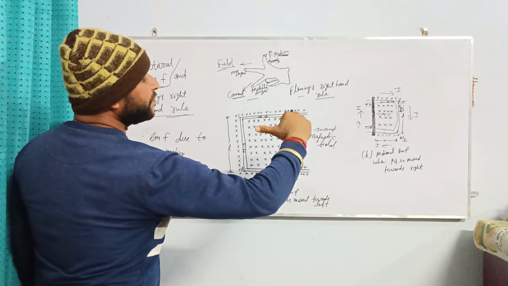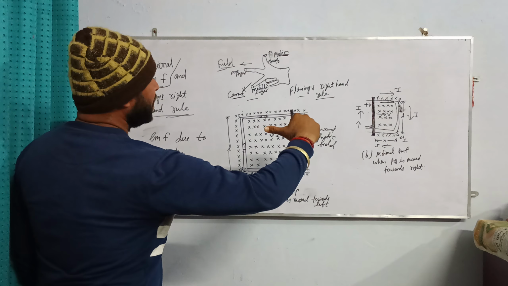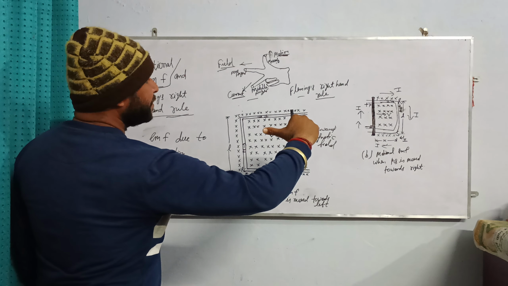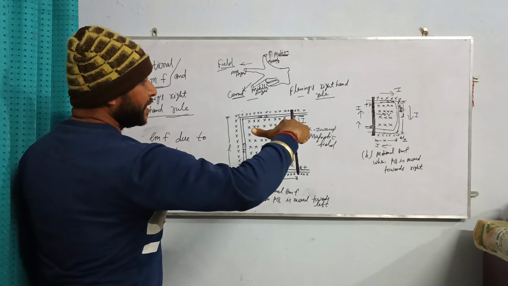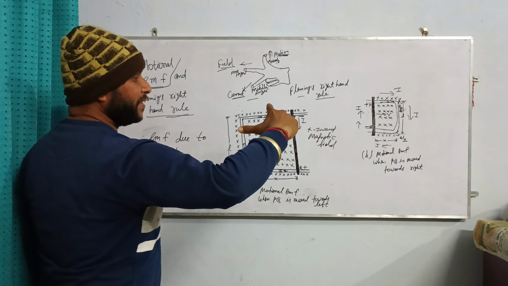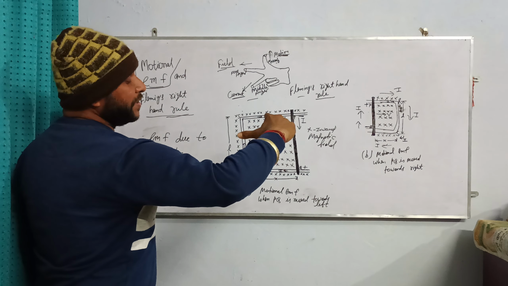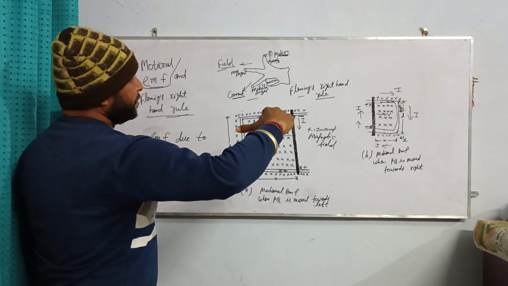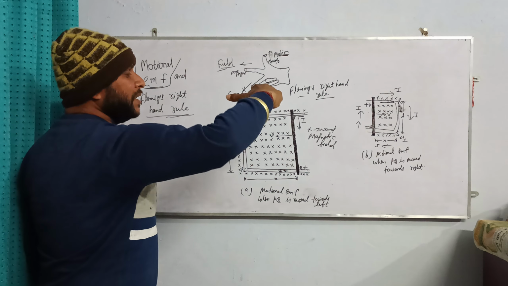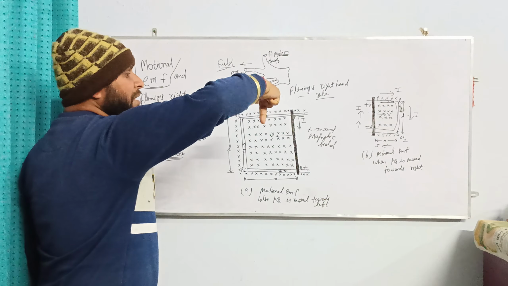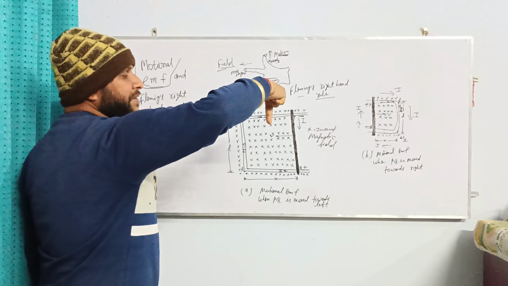My thumb of the right hand represents the direction of the motion of the conductor, and my forefinger represents the direction of the magnetic field. Then the middle finger represents the direction of the current.